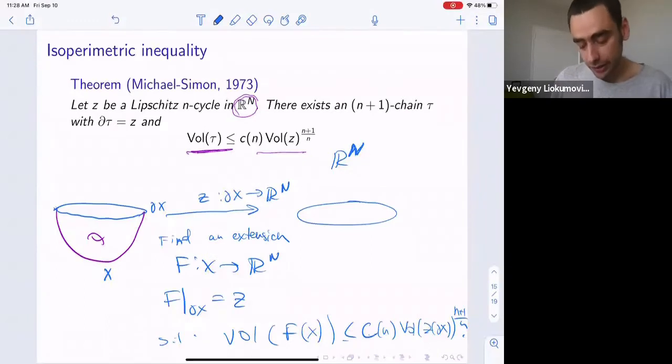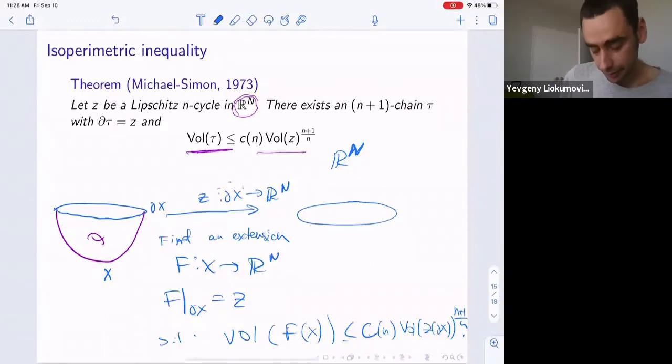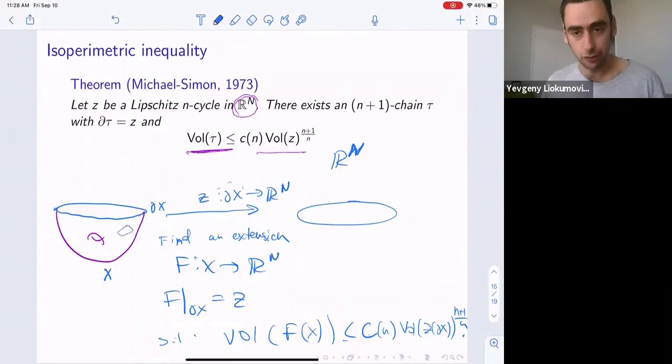And when you reformulate it like that, it's not even important that we're looking at an extension from the boundary. We could consider any subset and try to find an extension of a map from any subset.